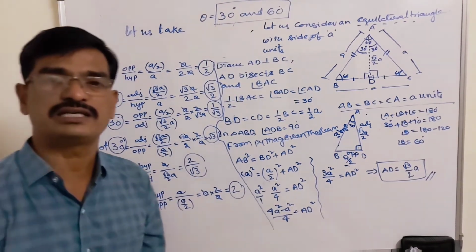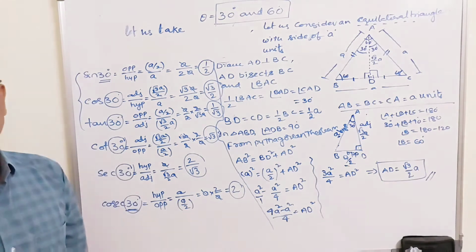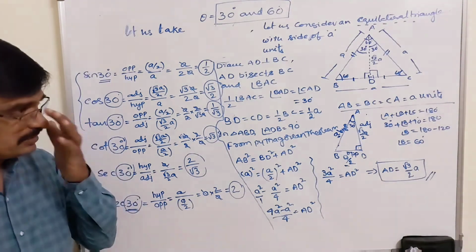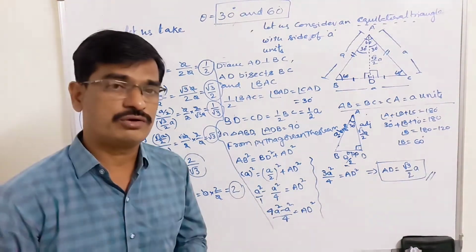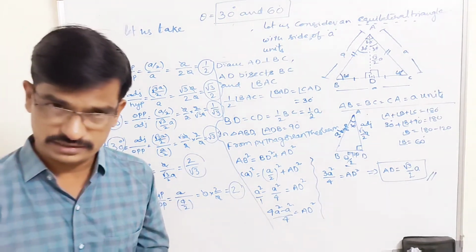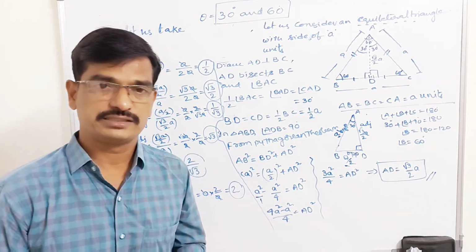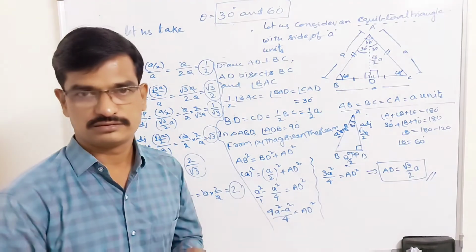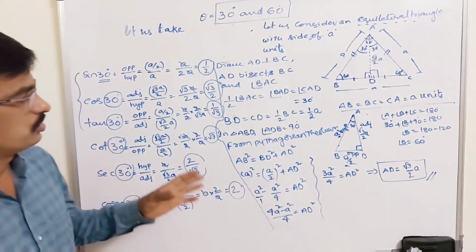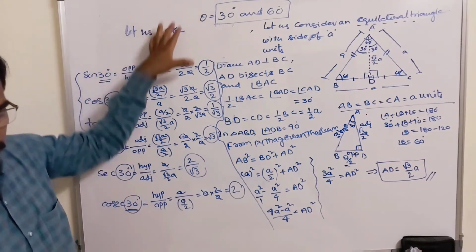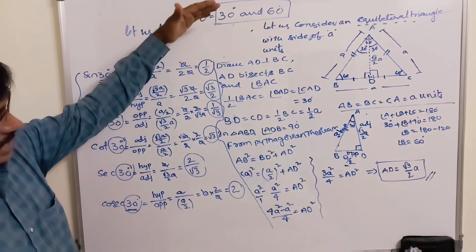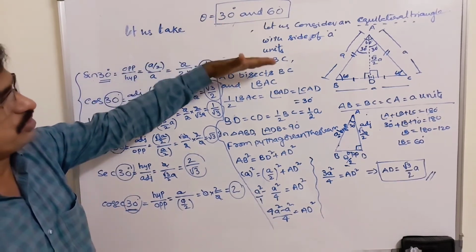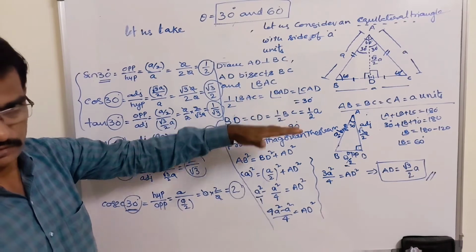Next, we have to find 45 degrees, 0 degrees and 90 degrees. Have you understood? While explaining, you must observe step by step.